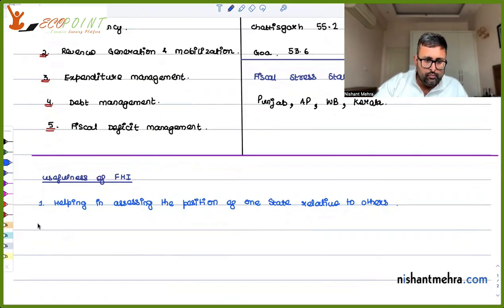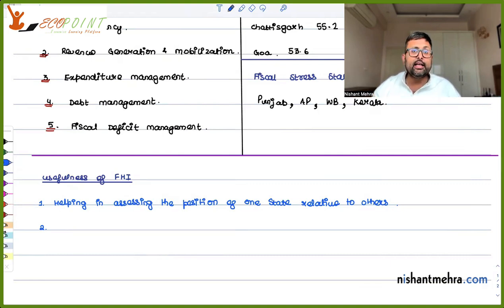So then states can also, just think about it. In the fiscal health index, one of the criteria which they have used is tax buoyancy and non-tax revenue mobilization.